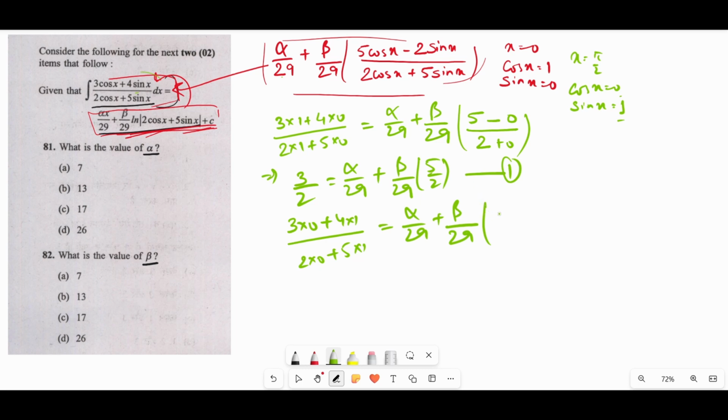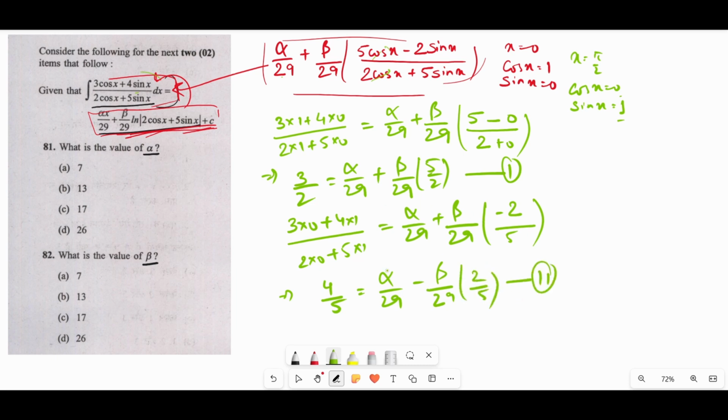Cos will be 0, so we have minus 2 by this again is 0, so we'll have 5, right? And on simplifying this, we get 4 by 5 is equal to alpha by 29 minus beta by 29 into 2 by 5. Let's call this equation 2.